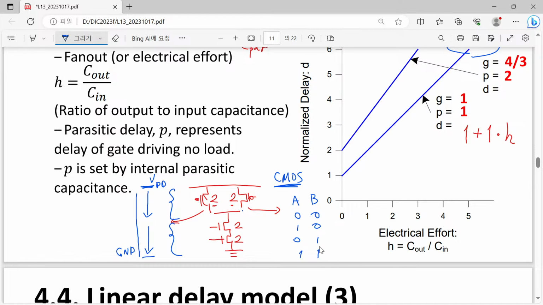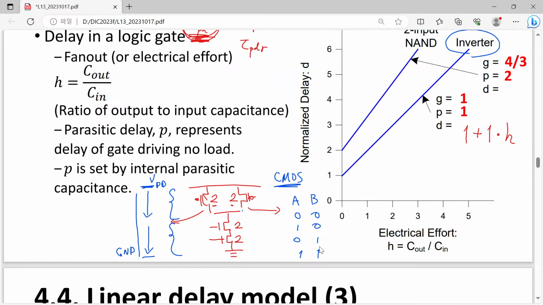In every case among the 4 cases, either the PDN is on or the PUN is on. So first of all, considering the continuity seems to be irrelevant in this case.